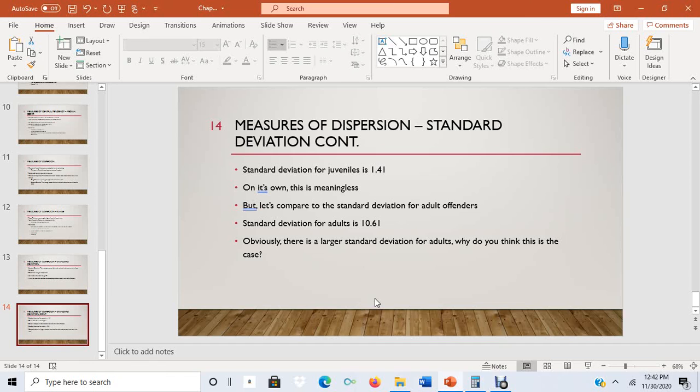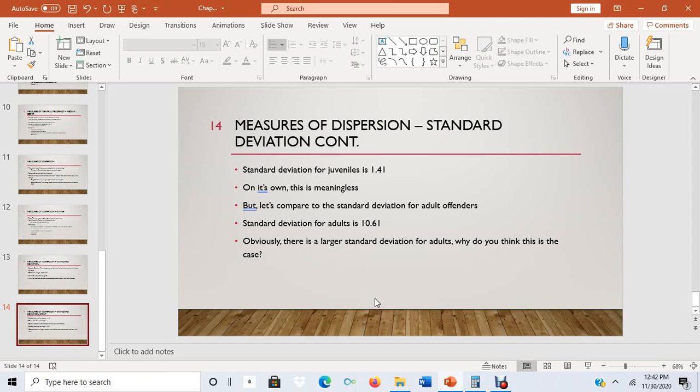Well, the answer is actually pretty simple. If we think about the ages of juveniles, the age range is basically 1 through 17, because once you're 18 years old, the law considers you an adult. If we think about adult ages, the age range could be anywhere from 18 on up to, let's say, 100 years old. Anyone over the age of 18 is considered an adult.